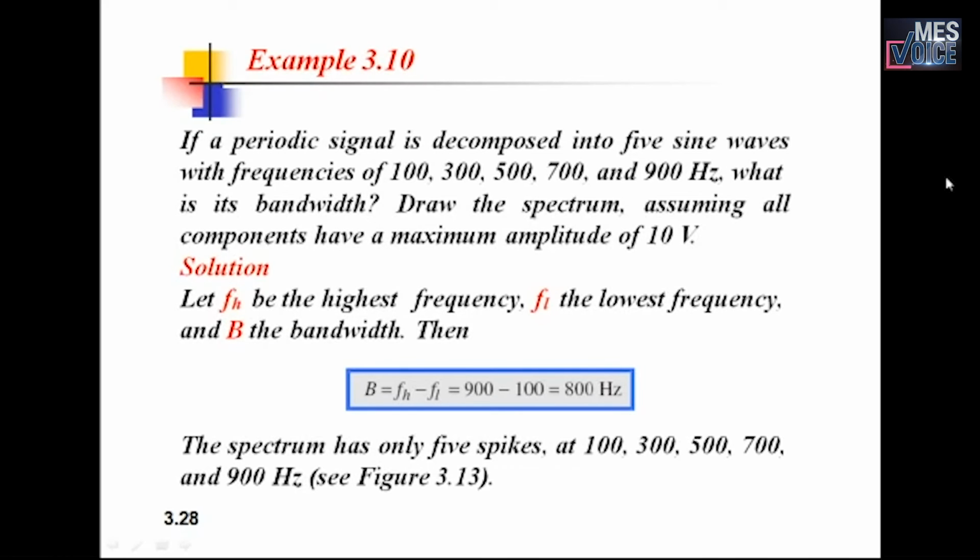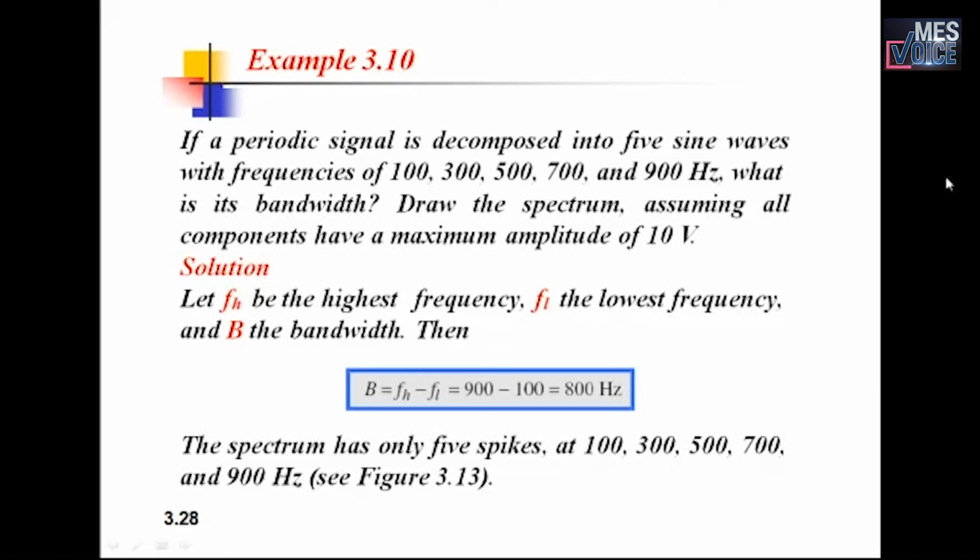Imagine a periodic signal is decomposed into 5 sine waves with frequencies of 100, 300, 500, 700 and 900 Hz. What is its bandwidth? And draw the spectrum assuming all components have a maximum amplitude of 10 volts.